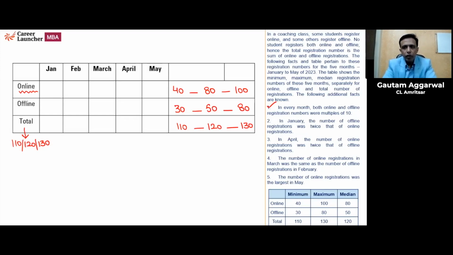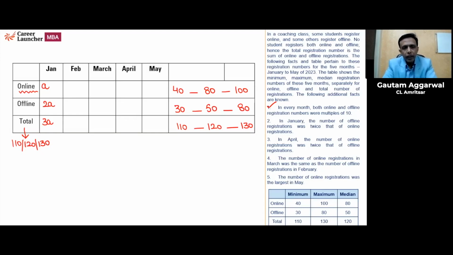The further data suggested that in January, the number of offline registrations was twice that of online. So offline has to be twice that of online. Now, if we clearly look at this stage, we understand the total has to be a multiple of 3 as well as a multiple of 10. That means the total has to be a multiple of 30.